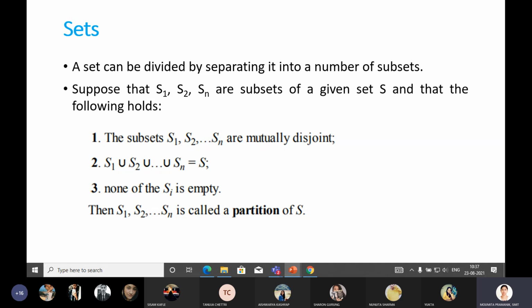Okay, so I quickly reviewed the various concepts of set theory over here.